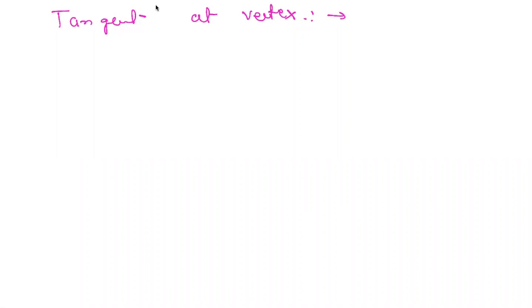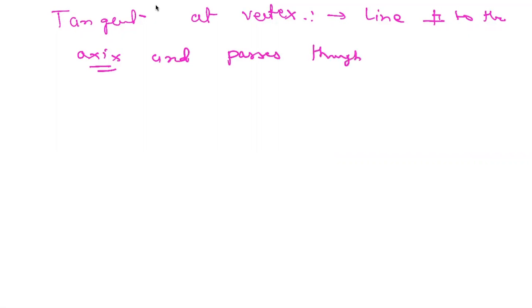The name is already there: tangent at the vertex of the parabola. It is the line perpendicular to the axis, in a rectangular system, not in an oblique one, and it passes through the vertex.